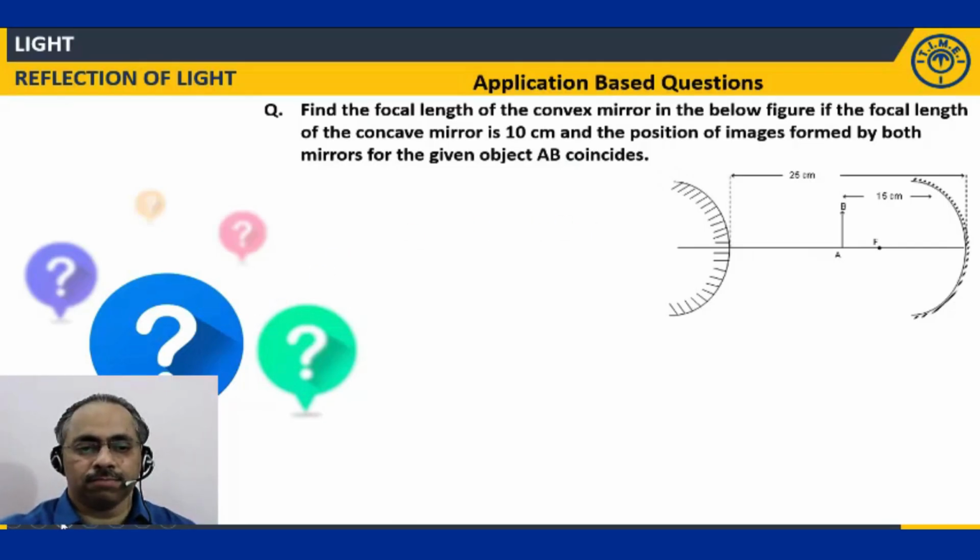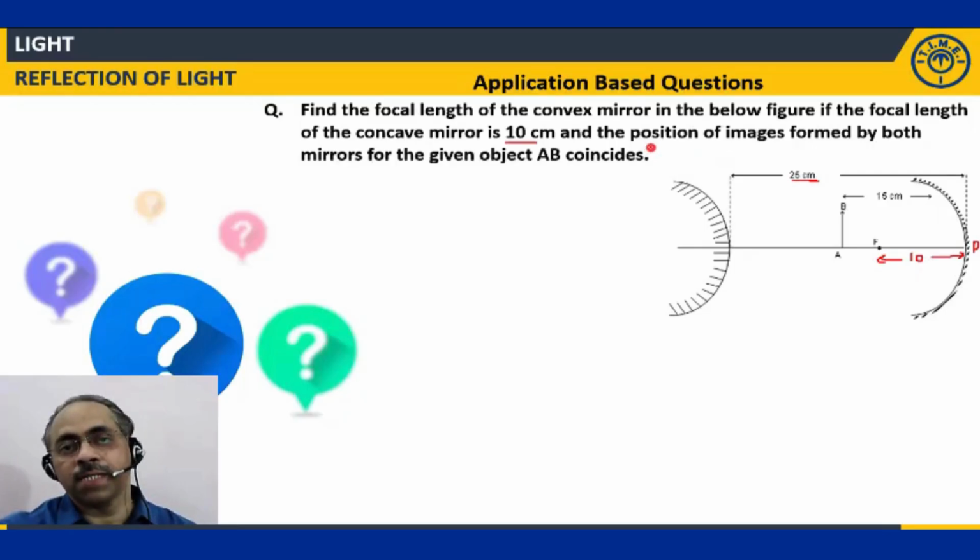If you consider here, the distance between the two mirrors is taken as 25 cm. This information is given. The focal length of the concave mirror is 10 cm. That means from F to P, this distance is 10 cm.